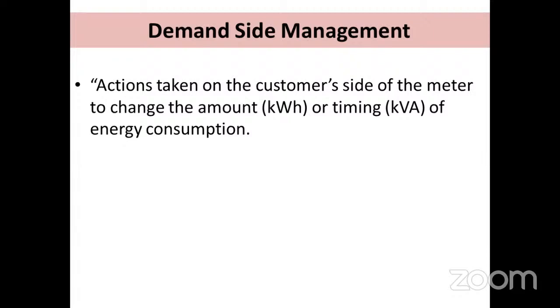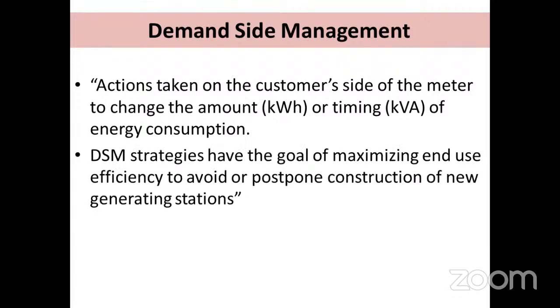That means if the consumer adjusts himself, the utility can distribute the load evenly. Action taken on customer side of the meter to change the amount or timing of the energy consumption. The goal of maximizing end-use efficiency is to avoid or postpone construction of new generating stations.